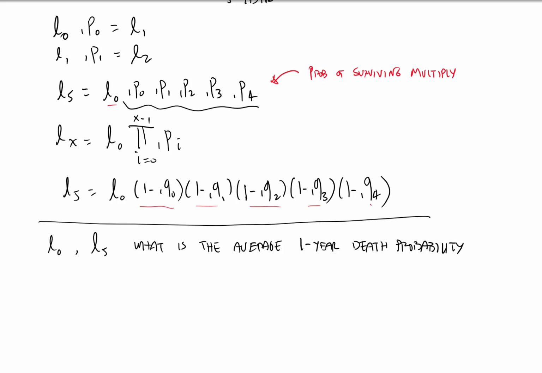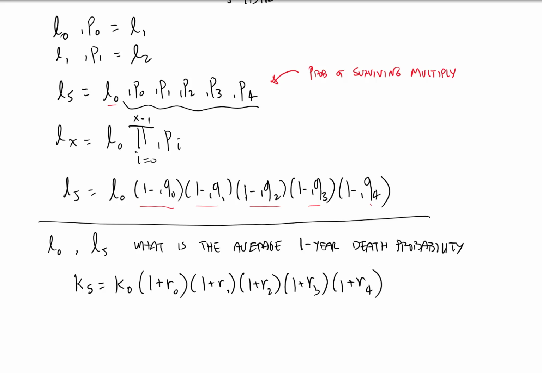That looks kind of like if we'd written something that looked like K5 equals K0 times 1 plus R0 times 1 plus R1 times 1 plus R2 times 1 plus R3 times 1 plus R4. And we know how to solve that. We know how to find the average growth rate R. We can find the average 1 year death probability in the same way.